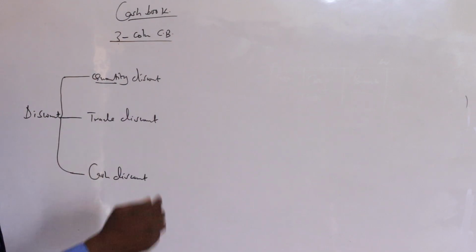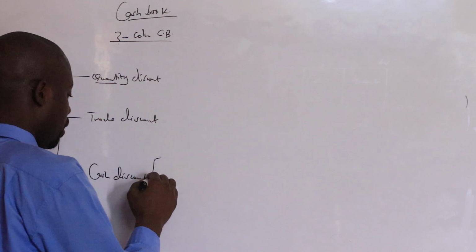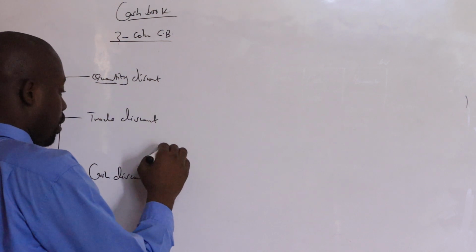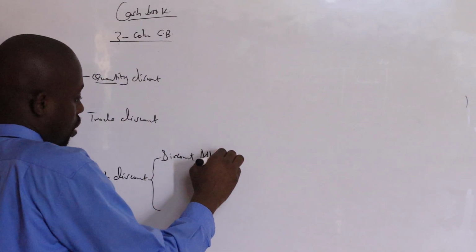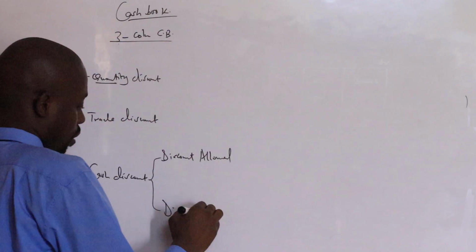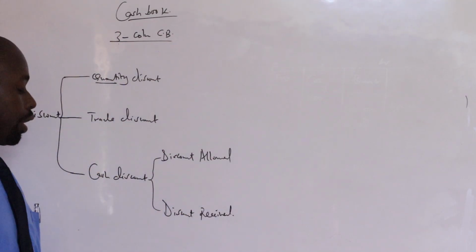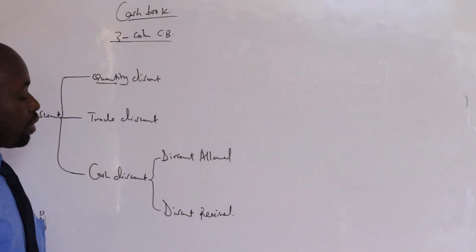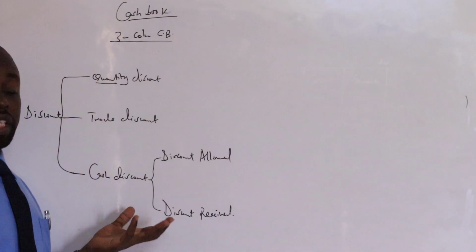And then cash discount has got 2 more components, what we call discount allowed and discount received. This is a discount offered to buyers to encourage them to pay promptly.